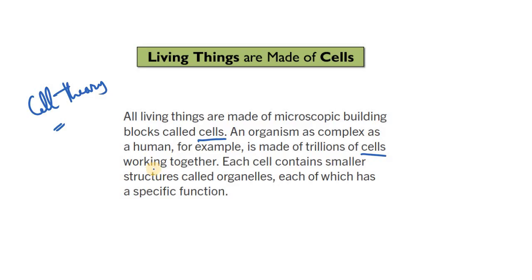Even the cats and dogs and birds, all of them are made up of cells. And you see, even the fruits, tomato, vegetables, potato, they are also part of the plants, right? And they are also made up of cells. Each cell contains smaller structures called organelles, each of which has a specific function.